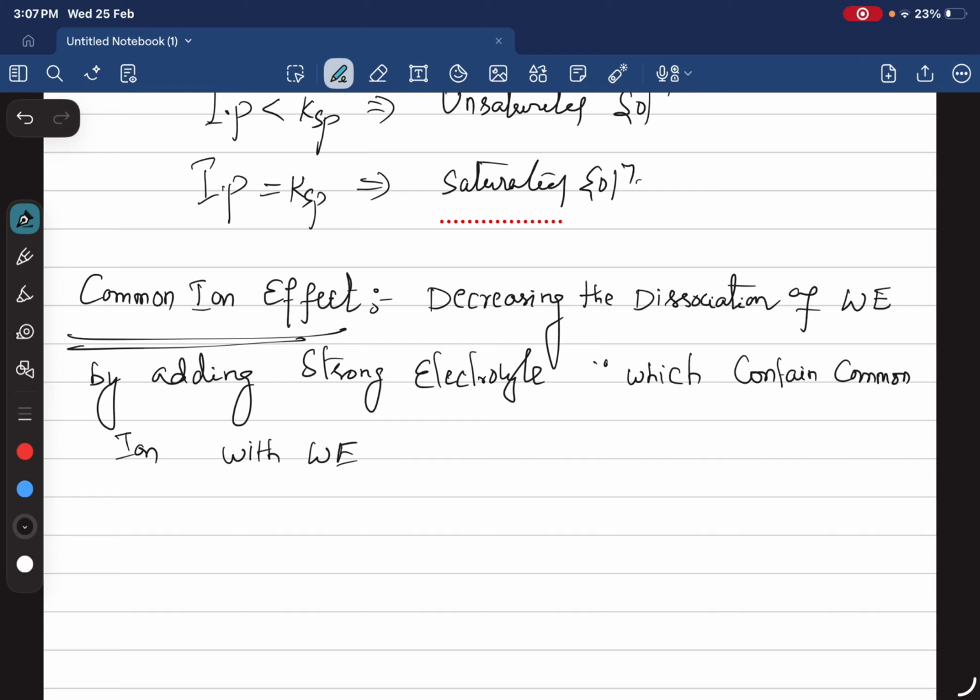So common ion effect is nothing but the decrease in the dissociation of a weak electrolyte by adding a strong electrolyte which contains a common ion with the weak electrolyte.